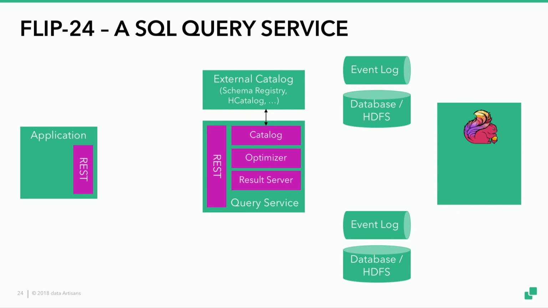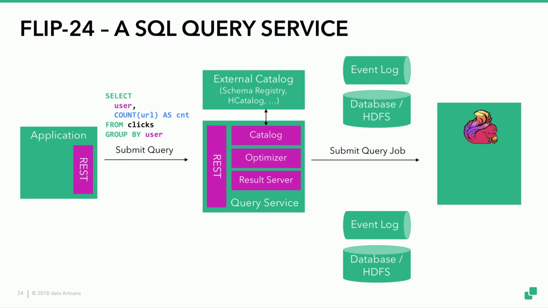So this is just a design. It's not implemented yet, but in parts, it will be part of the next Flink release. Our idea is having a REST API where an application can connect to this query service and submit the SQL query. The query service has access to all external catalogs in the cluster, optimizes the job, submits the query to Flink.